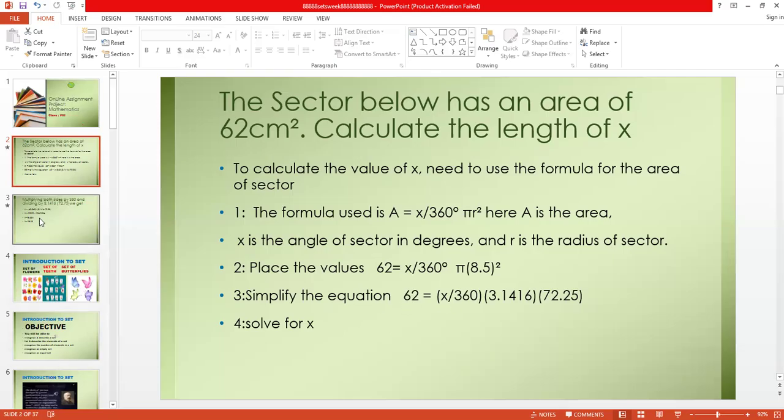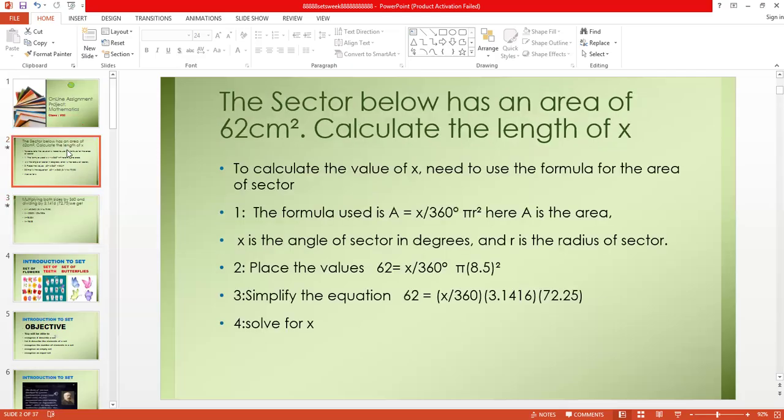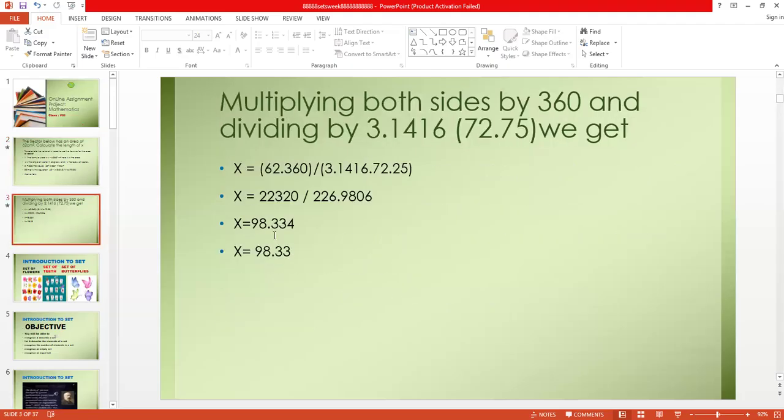First of all, you have to multiply 62 multiplied by 360, and then you have to divide it by 3.1416 multiplied by 72.25. This 360 is dividing here, and when we move toward this side, it has to multiply with this 62. Okay. And after multiplying, your answer is 22,320.